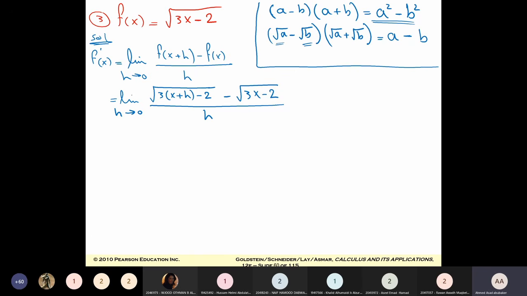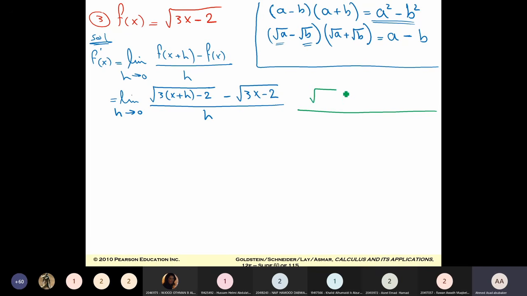Okay, now we need to multiply both sides by the conjugate, the numerator and denominator with the conjugate.